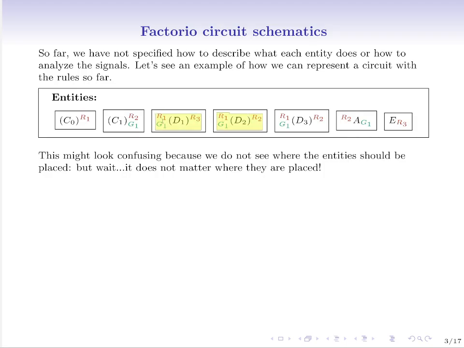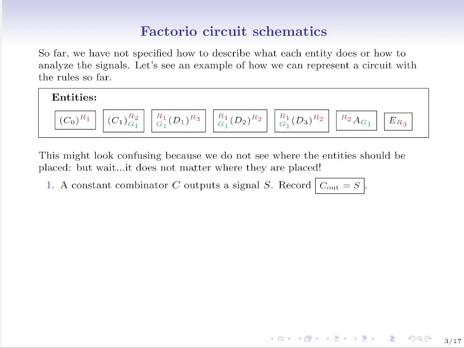And the idea is that it doesn't matter where they are, where you place them. As long as the wires are connected correctly, as long as you connect this R1 channel to this R1 channel to this one, everything's going to work. So this is a perfectly sufficient way of representing the circuit.